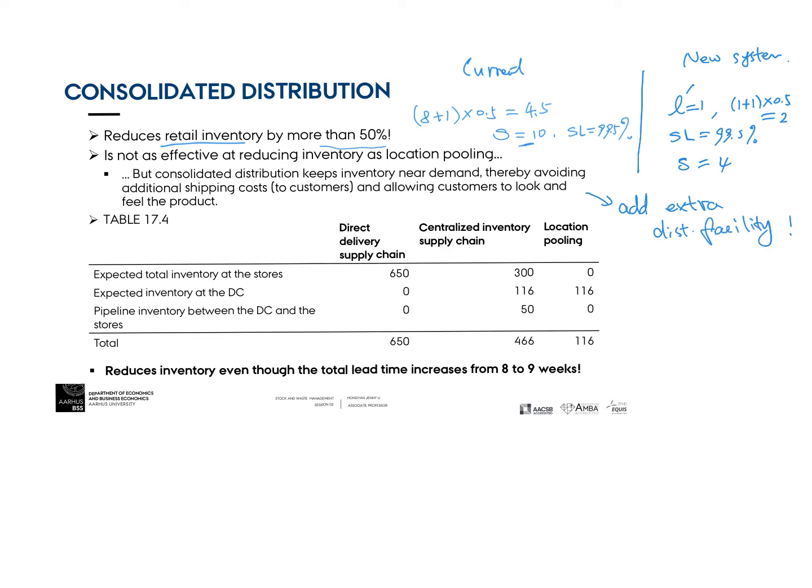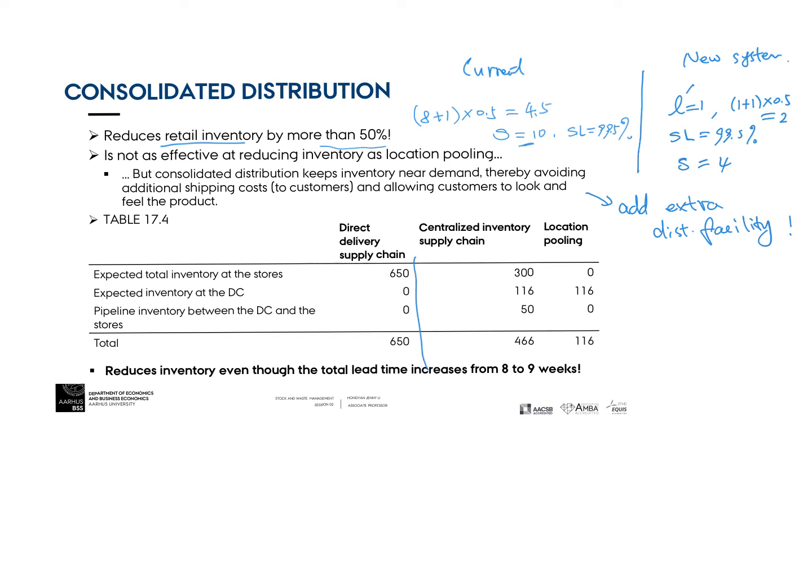So those are the benefits of adding an extra distribution facility. In Table 17.4 from the textbook, you can have a quick comparison of these different strategies. We did not do the location pooling calculations, but the results are here. If you're interested, you can do the calculation. We mainly look at direct delivery for your items.